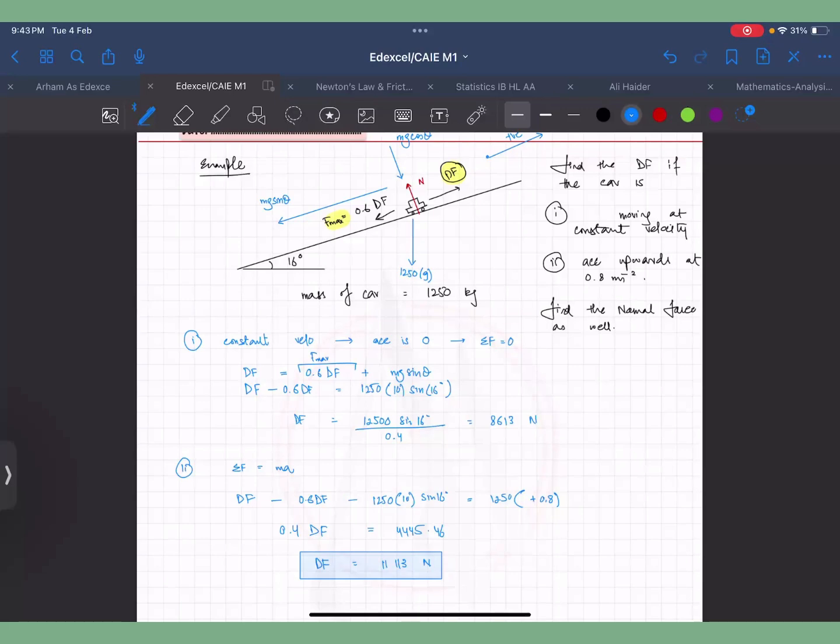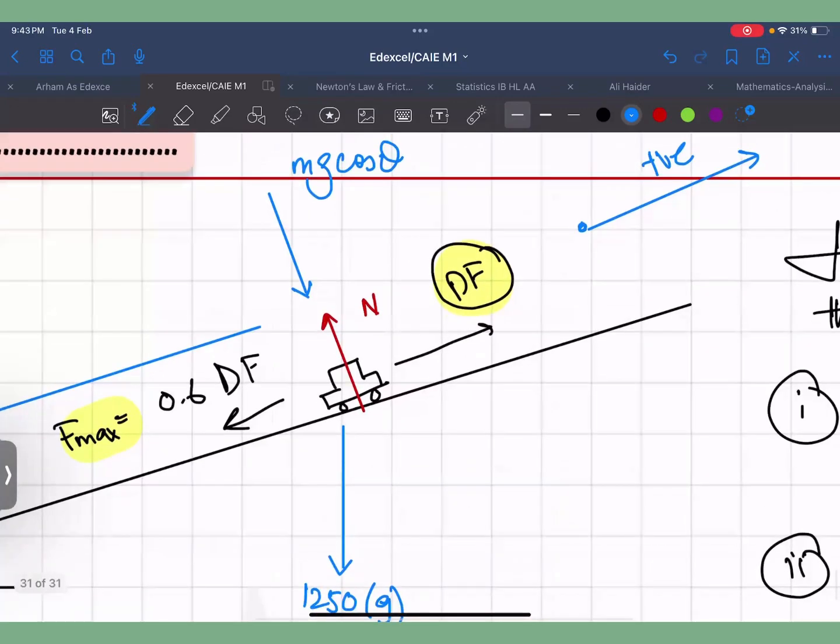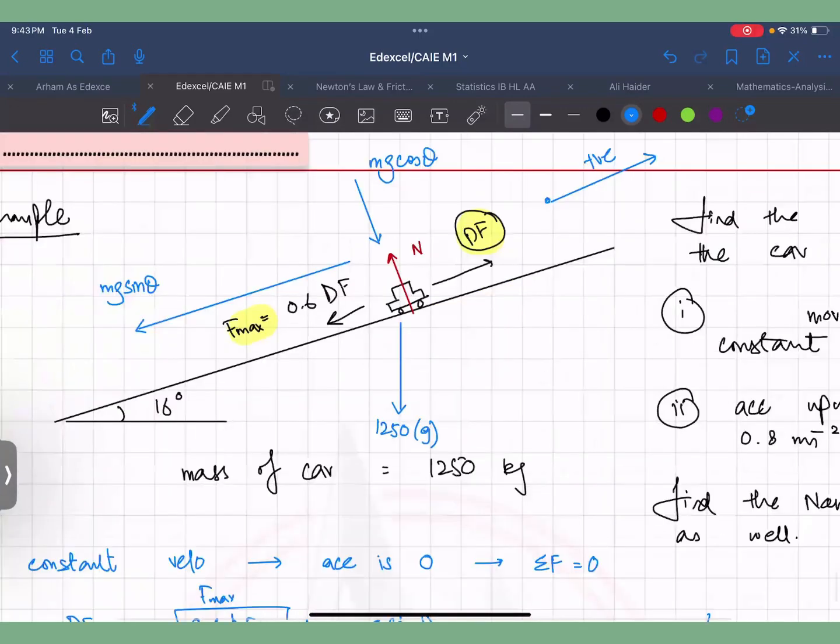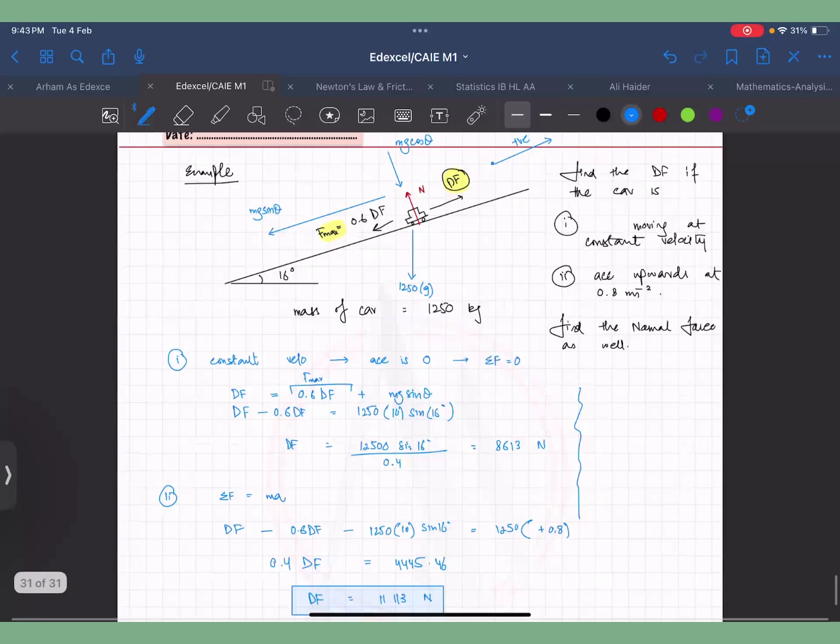Okay, for the last part, the normal contact force. There are only two forces acting perpendicular to the plane: the weight component, which is acting down, perpendicular to the plane, and the normal contact force.